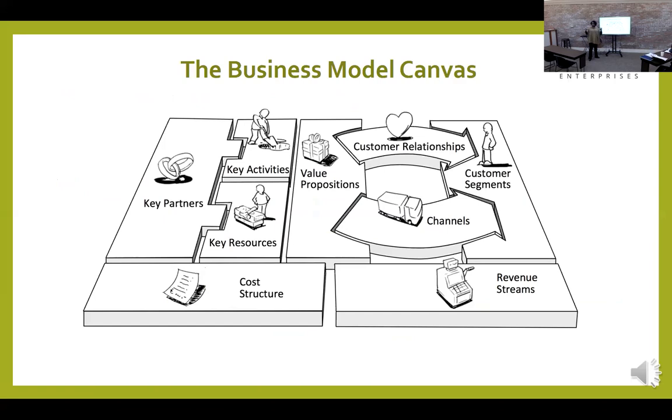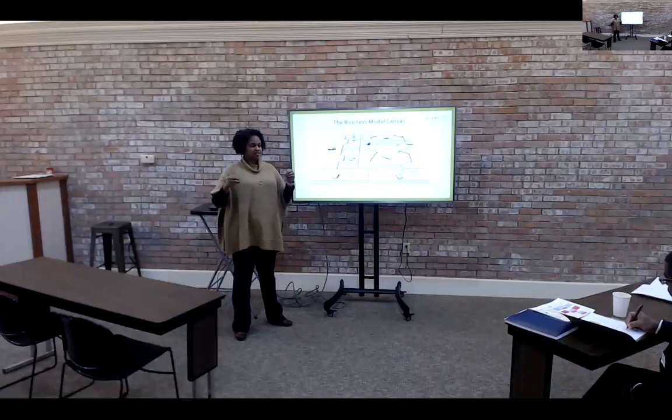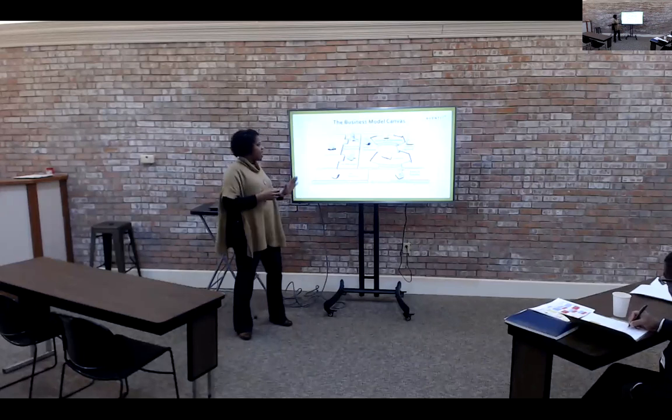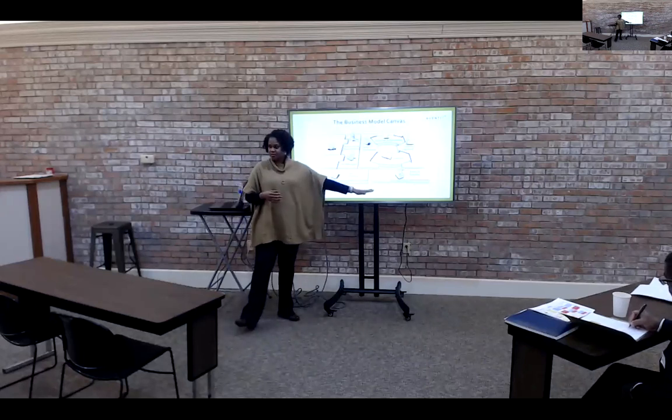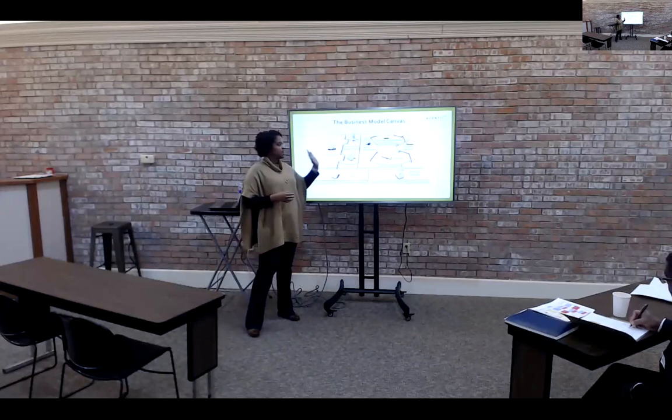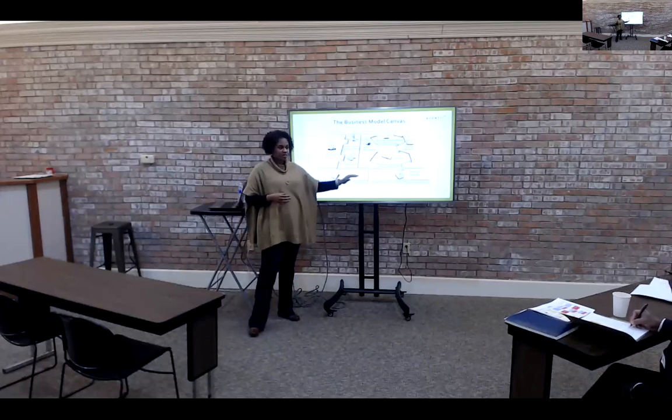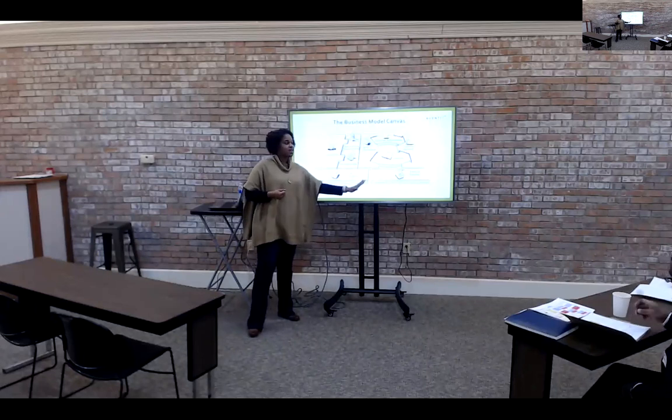So the business model is big picture thinking, okay? It's not details, it is the concept of how your business is going to operate and make money. Everything on the right-hand side of the business model relates to customers, who you're working with, how you work with them, the money you get from them. It's all related to customers.